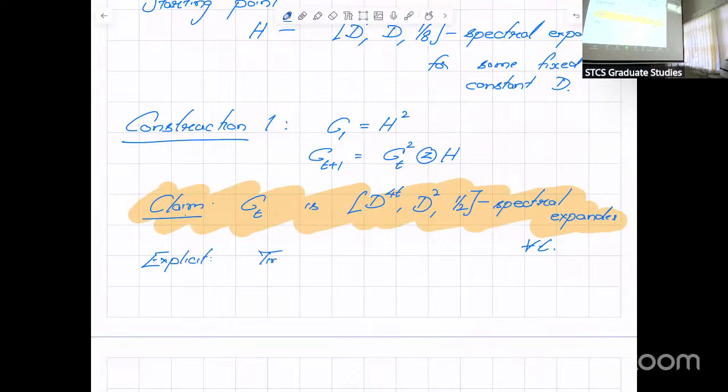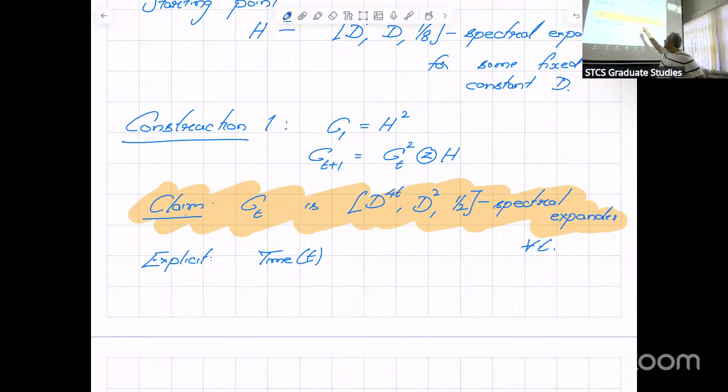Let's say time t is the time taken to construct the Tth graph. I'm asking, if I give you a vertex and its neighbor number, how much time does it take me to compute the next thing? We're going to instantiate for t being like log n, if we want an n sized graph. So let's ask how does time t depend on t?